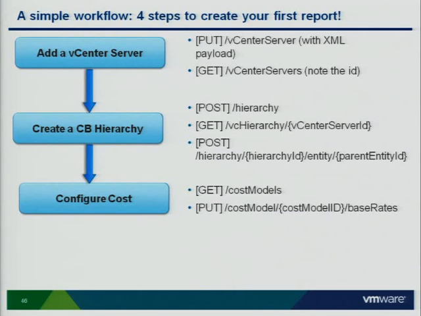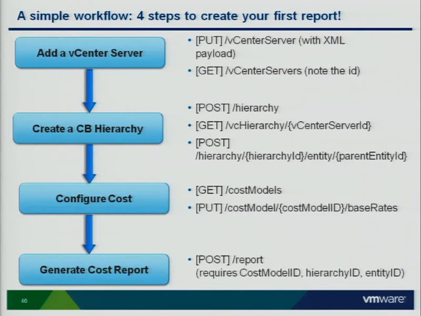You could define various rate plans and costing information by calling the cost model specific APIs. And lastly, you can generate a report using the report specific APIs. Here, I would like to highlight that you could have APIs that extract all the usage and cost information in XML format, and you could use it for various purposes and represent it in a different format.